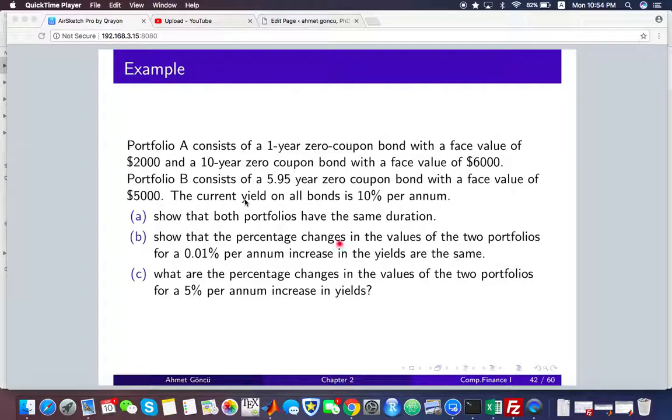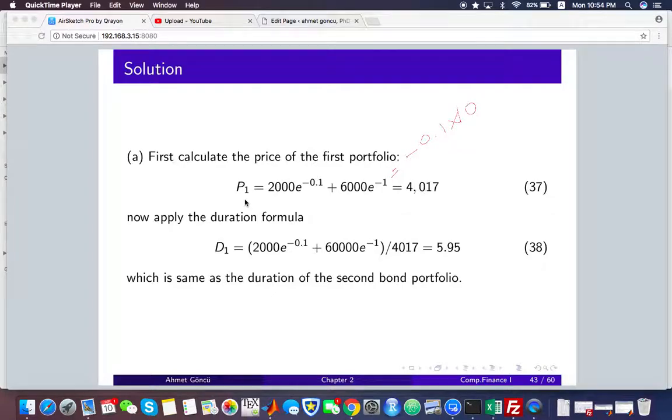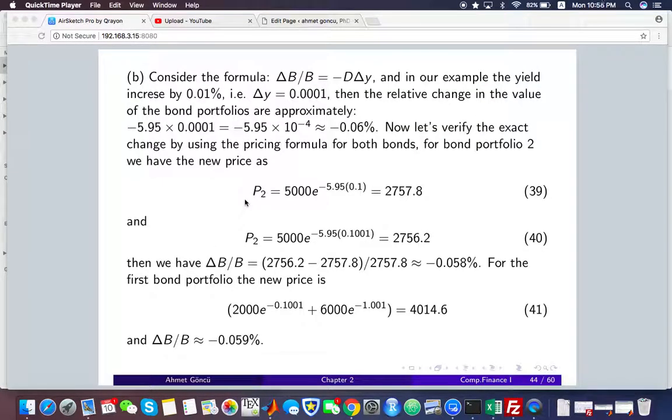Show that the percentage changes in the values of the two portfolios for a 0.01% per annum increase in the yield are the same for both portfolios. Notice that to solve part B, we can use the duration formula as a first order approximation to find out how much the value of the bond portfolio will change with respect to the change in the yield.